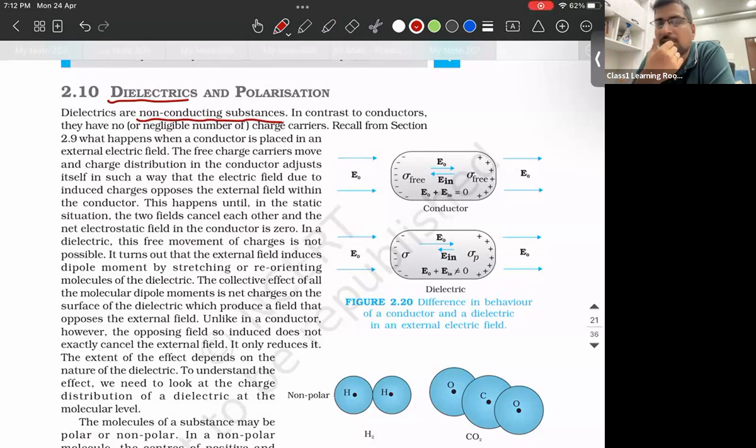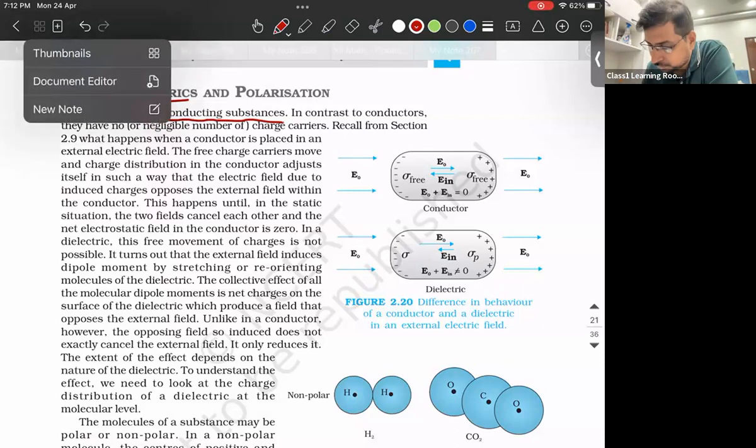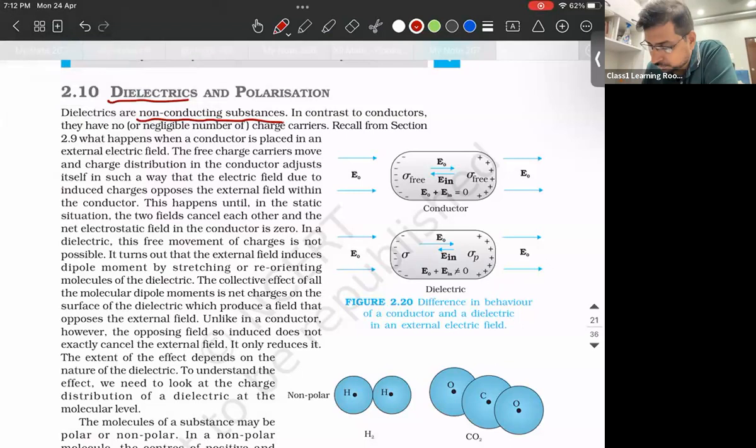What is present inside a dielectric are small dipoles.